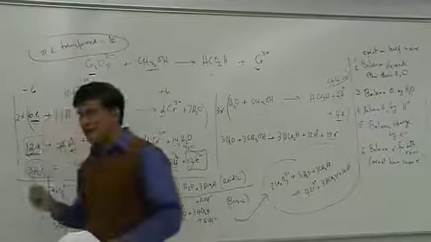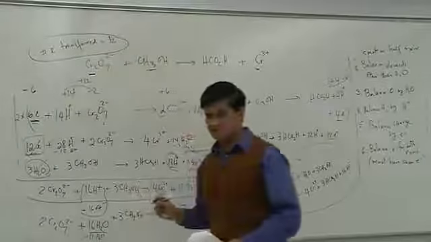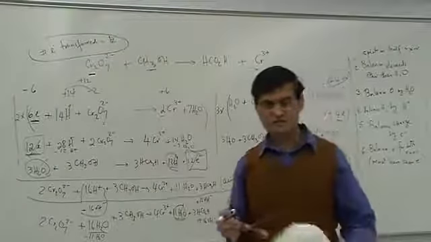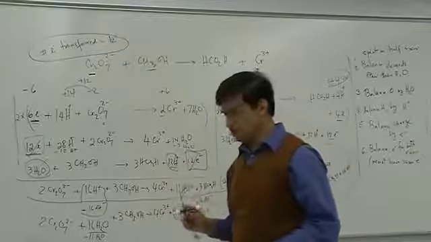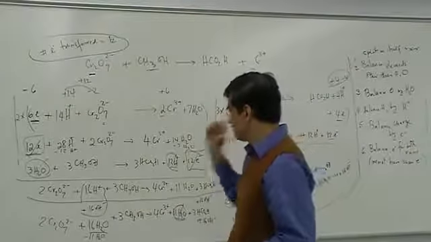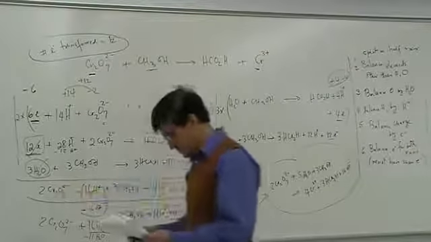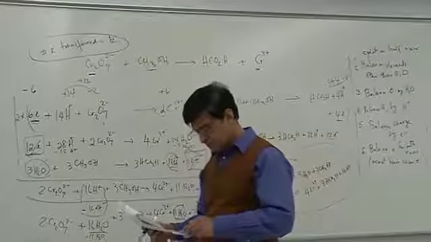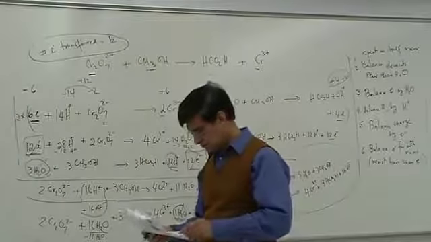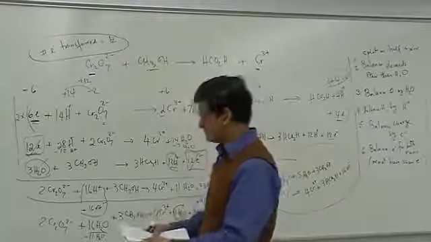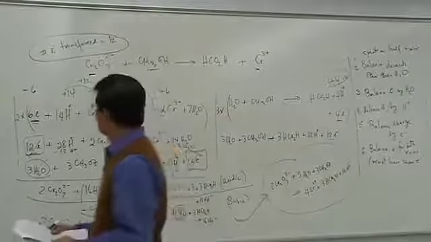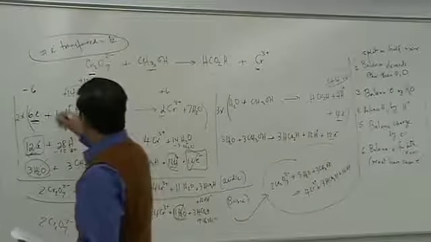So often we ask this kind of question. That means you not only balance it, you also find out what number you have for electrons or for one of these compounds. So this was our practice problem number 5.